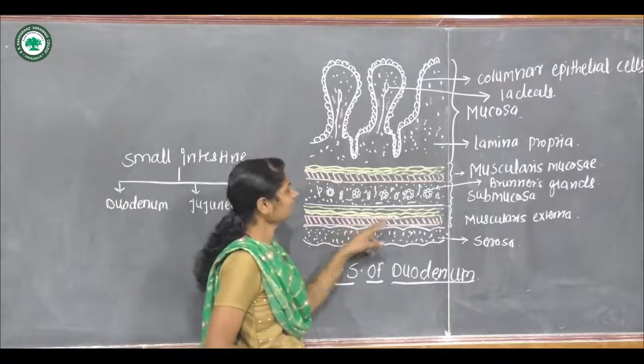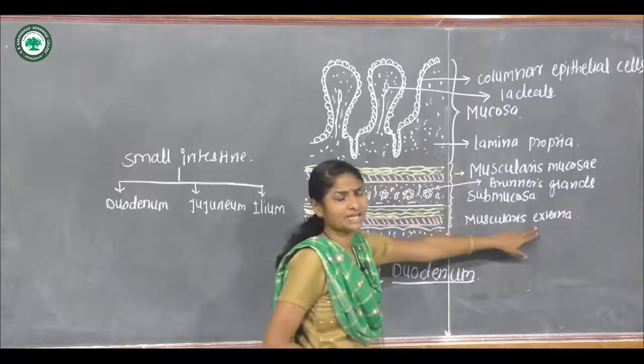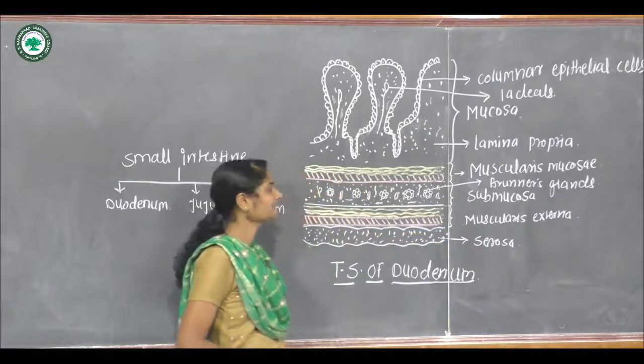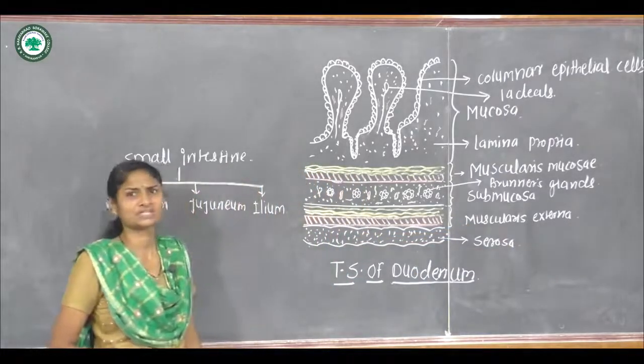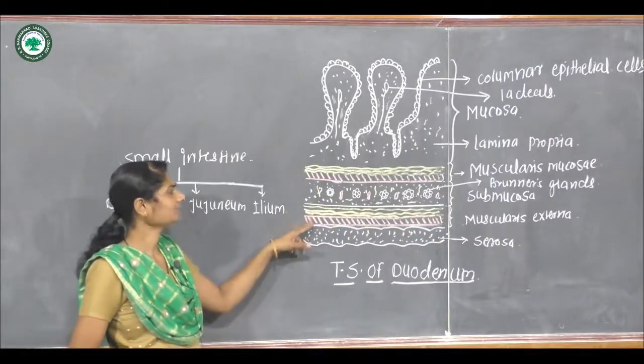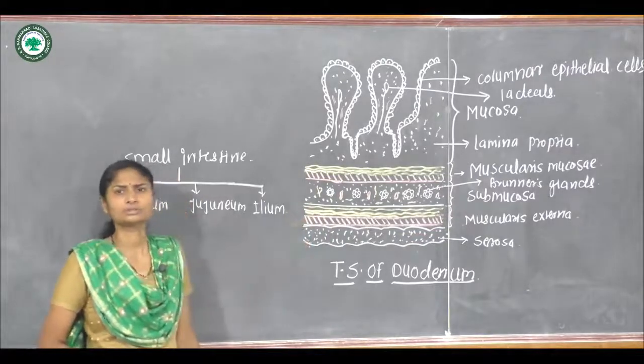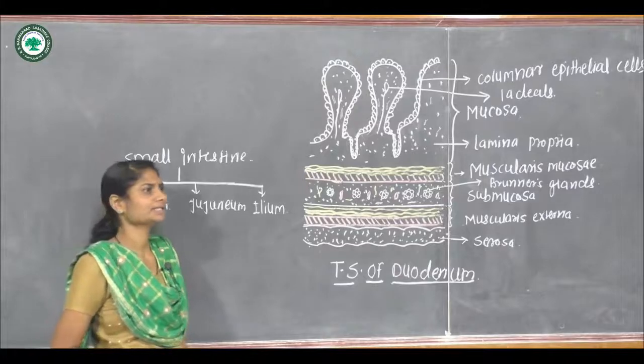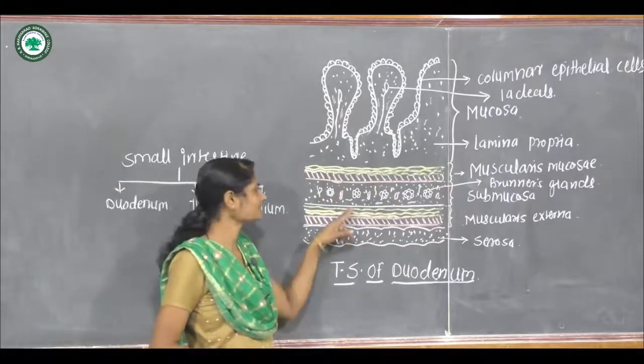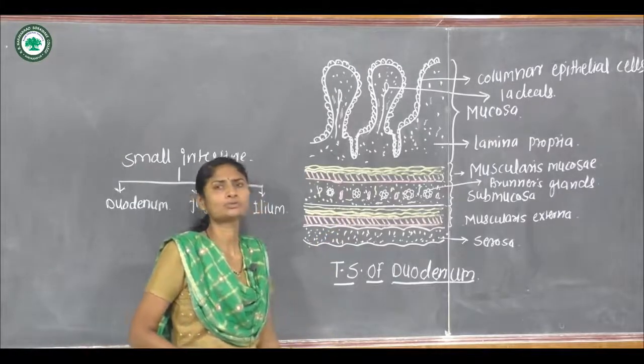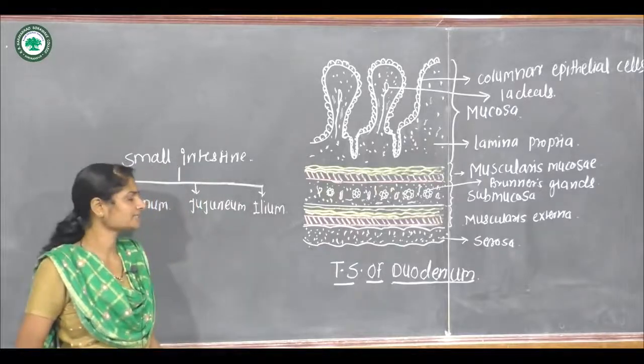Second layer is the muscularis externa layer. This muscularis externa layer is mainly composed of smooth muscle fibers. There are two types of smooth muscle fibers.